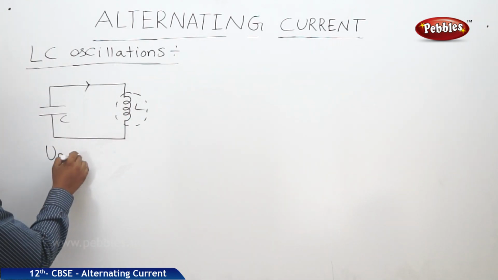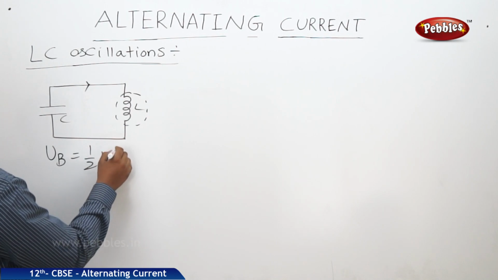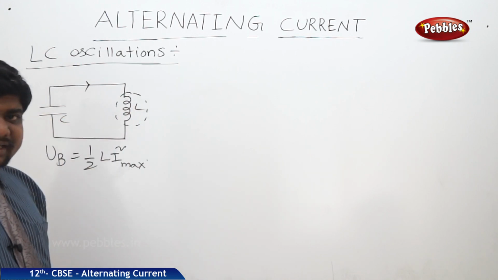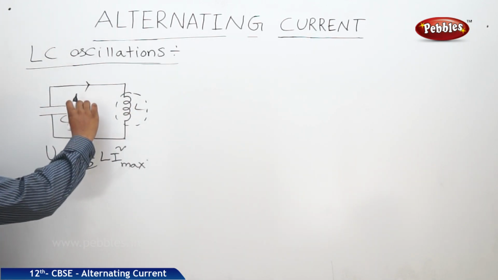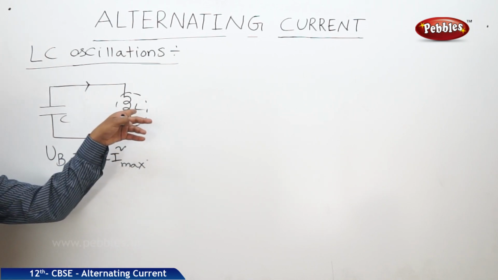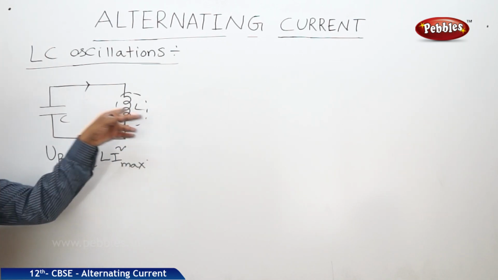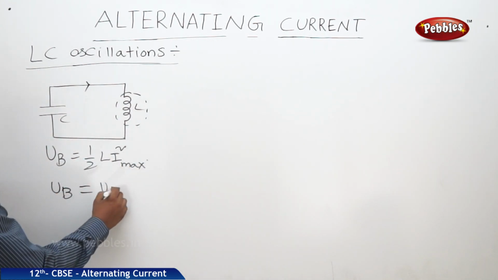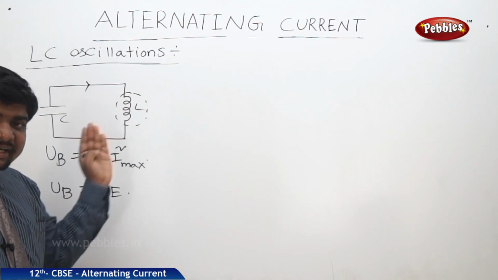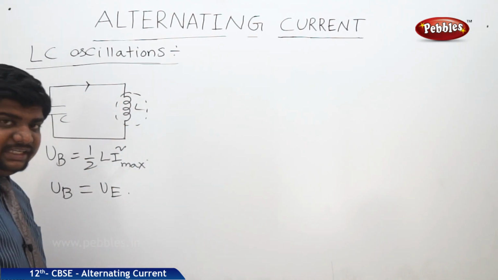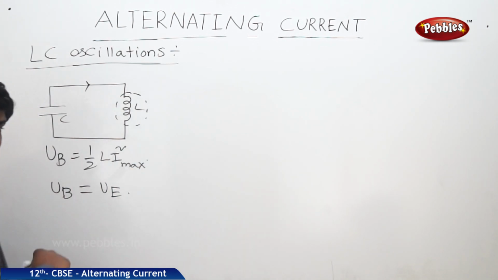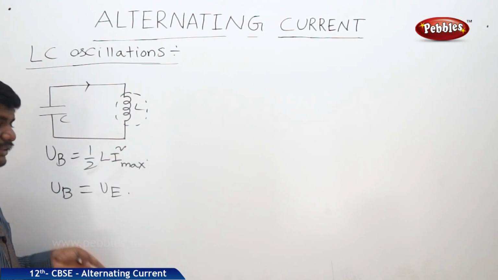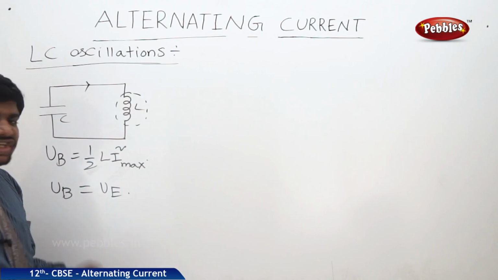Therefore, U B is half L i square maximum. It stores the maximum magnetic energy, which means there is no further charge in the capacitor. This maximum magnetic energy should be equal to the maximum electrical energy. Therefore, U B is equal to U E. So the maximum magnetic energy is equal to the maximum electrical energy. Then the capacitor starts to charge again.